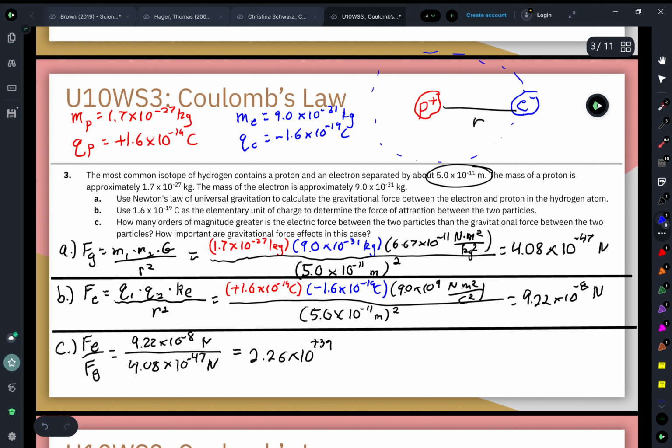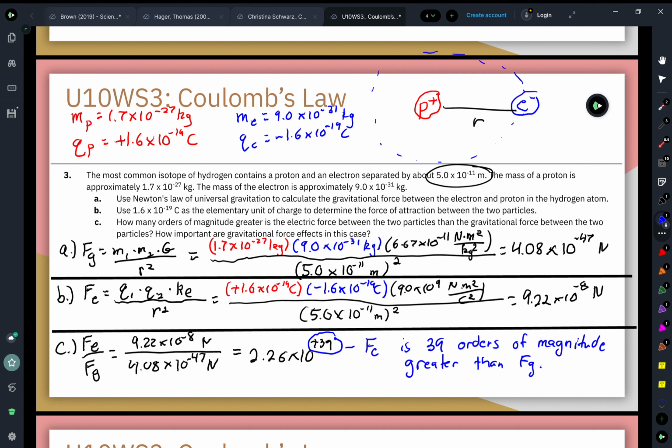Now for this problem, that exponent right there is going to be how many orders of magnitude we have. So Fe is 39 orders of magnitude greater than our force of gravity. Now, if it's 1 order of magnitude greater, that means that one force is 10 times larger than another force.